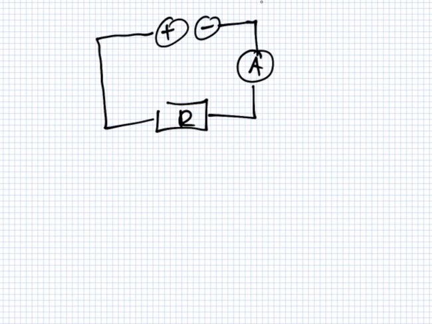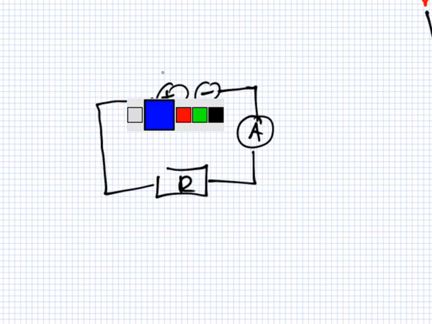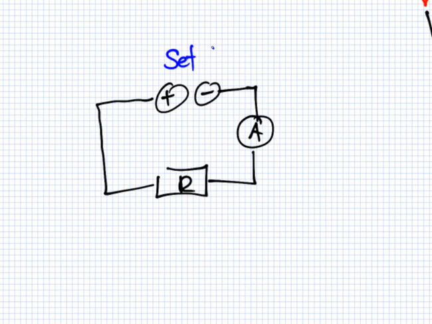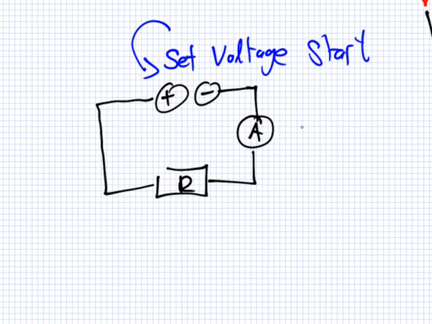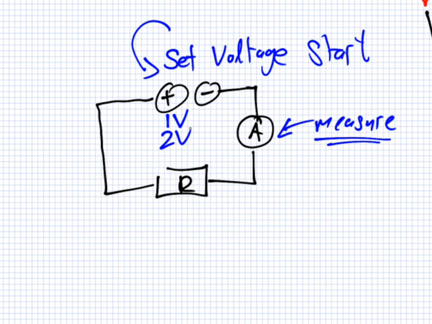Now this is what I want you to see. What happens if I make this increase? What happens to this? It increases also. So if I make this increase, this one here increases.